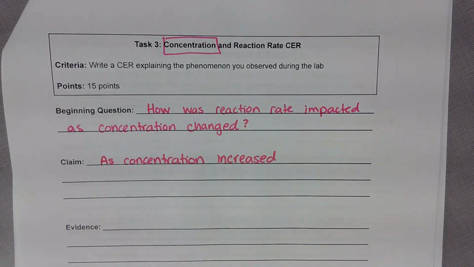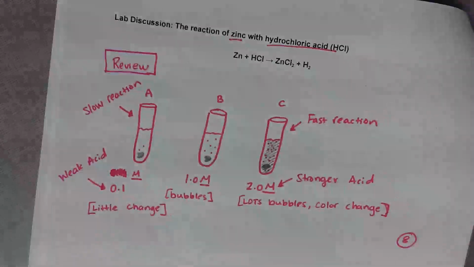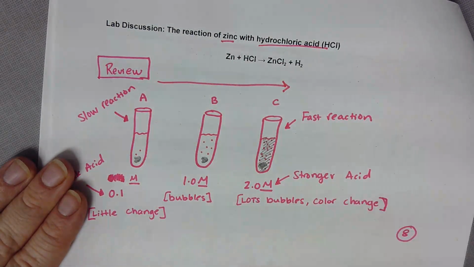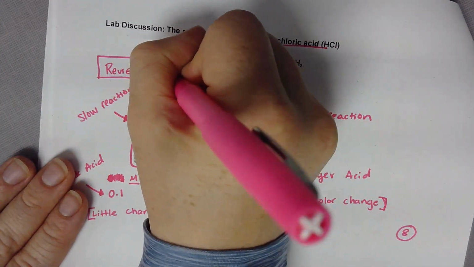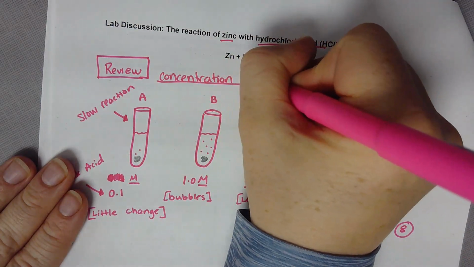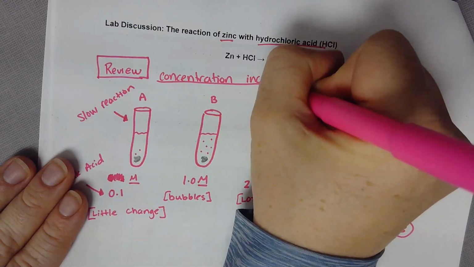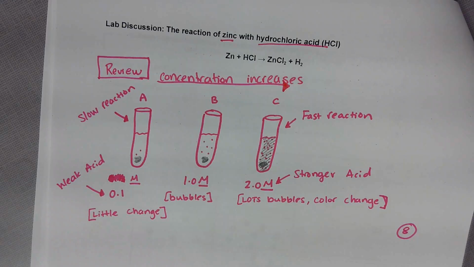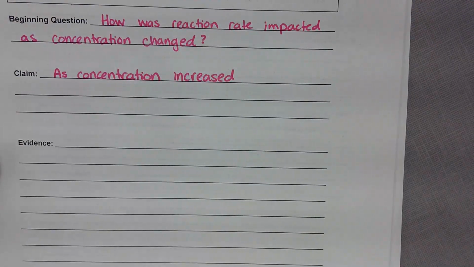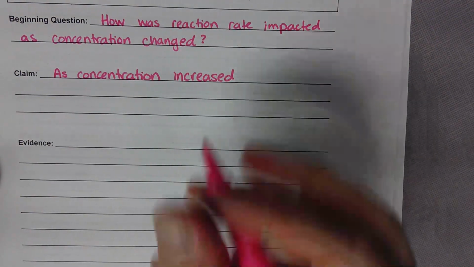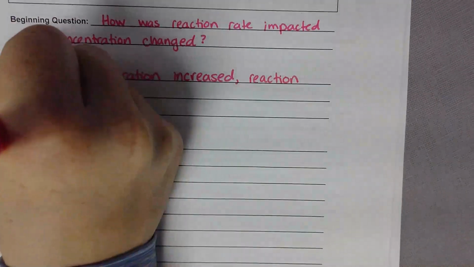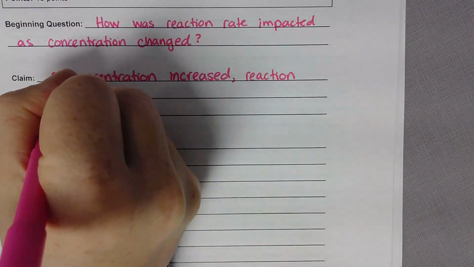because that's what happened as you went left to right on your test tubes. We started with relatively low concentration, and concentration increased as we progressed. So as concentration increases, or as concentration increased, since we're in the past tense, since we did this lab last week, reaction rate blank.